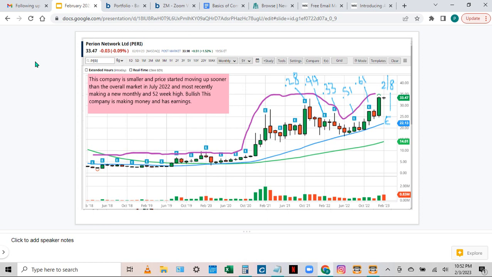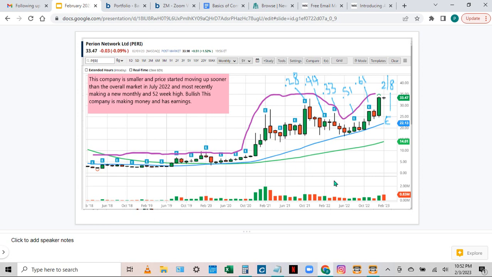Here is another stock within, I believe, the Russell 2000, maybe in the NASDAQ too, but it's a fairly small company. Parian Network, PERI. I identified this one last year because it broke out in February and kept going up, even though it had a little bit of a pullback into June and then went up.